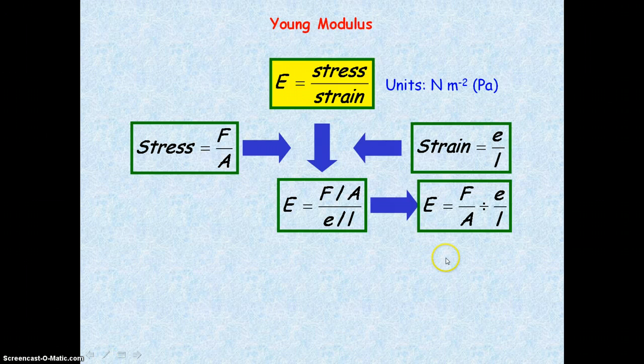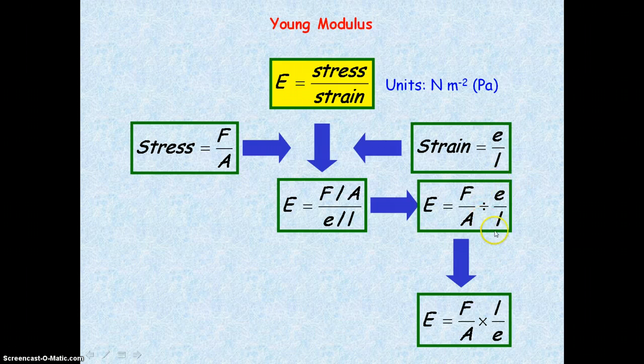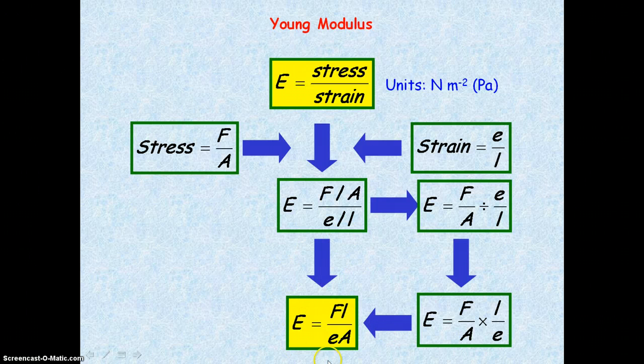And remembering, if you divide fractions, you can multiply them, but then this side will be turned around to become L over E. So we can see that this equation simplifies to FL divided by EA, and how I remember it is FLEA, which equals Young's modulus.